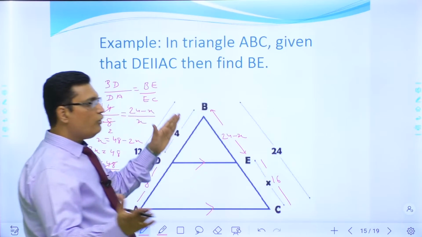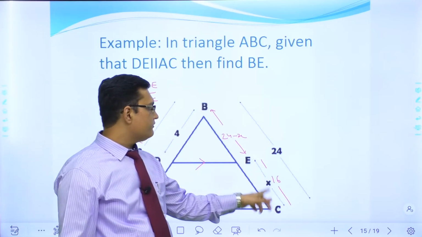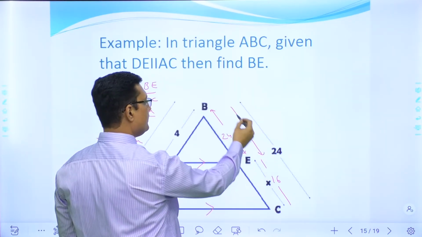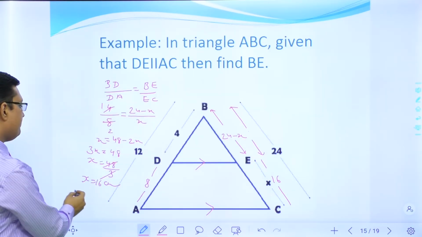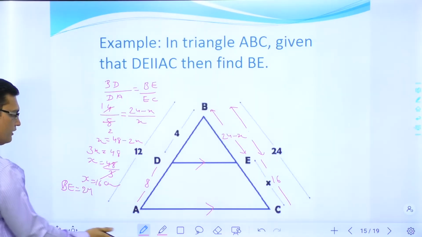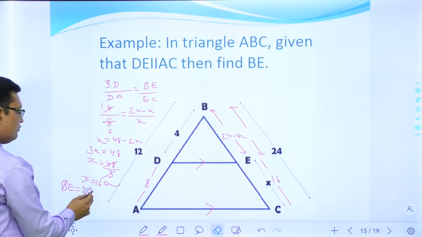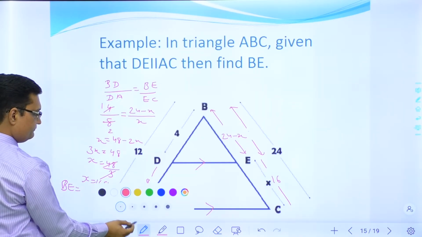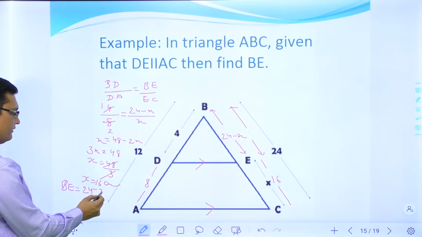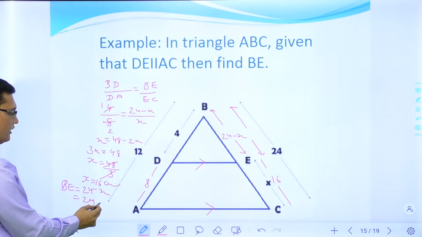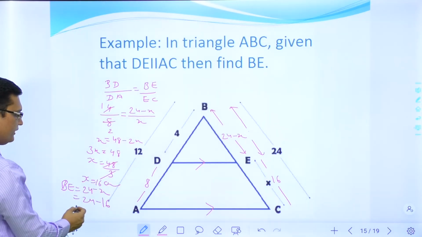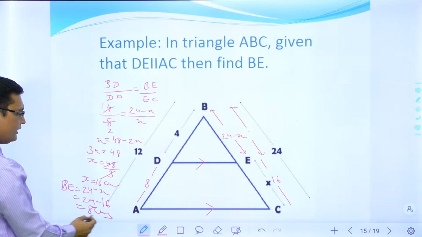Now, if the whole length is 24 and this part is 16, what will be the remaining side? BE will be equal to 24 minus x, that means 24 minus 16, that is 8 centimeter.